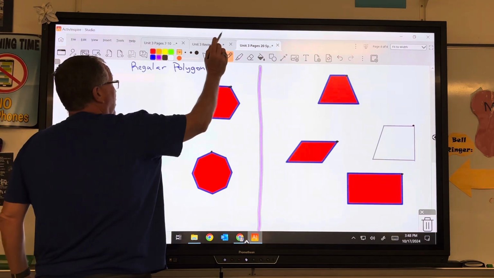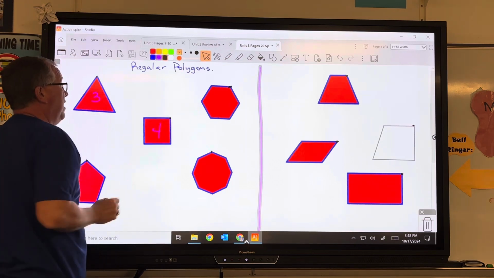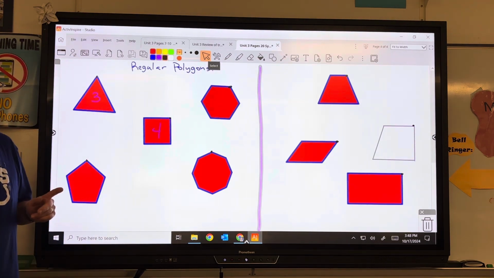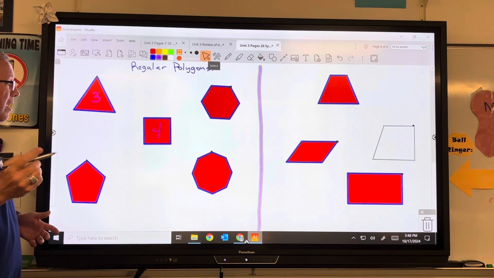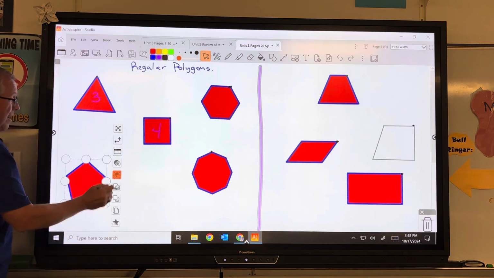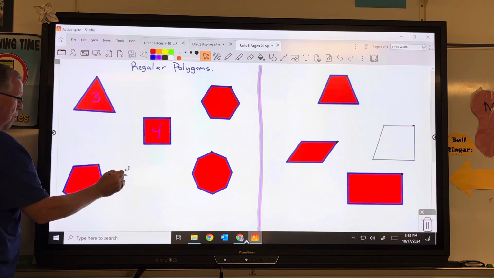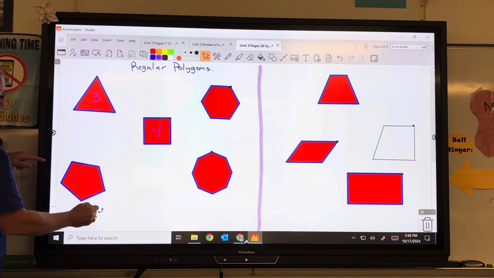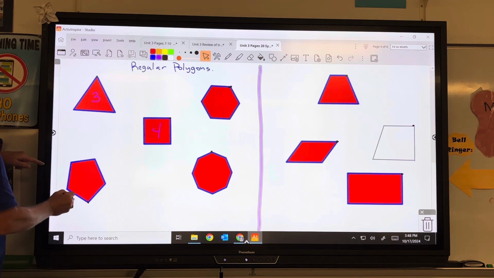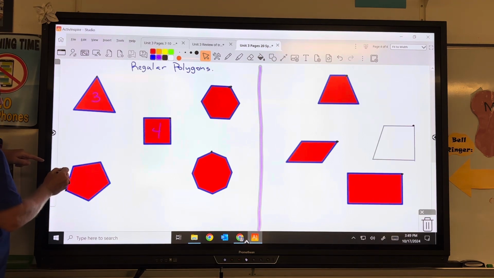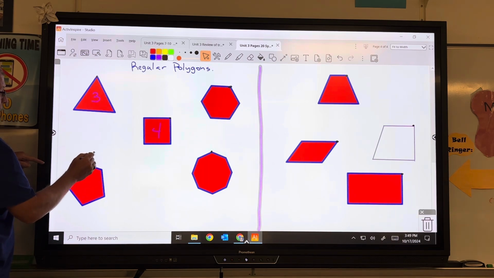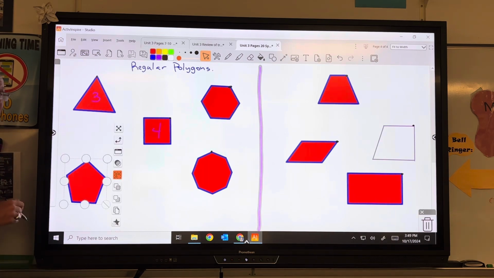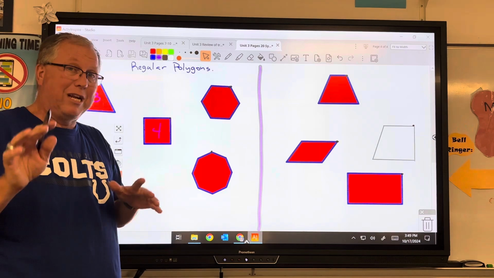Regular polygons are a little bit different, you guys. So ready? My pentagon, think for a second, how many times do you think it's gonna happen? You're probably right, so let's look at it. We're gonna go 1, there's 2, there's 3, there's 4, and there's 5. Now, I don't have a perfect pentagon, I apologize, but you guys get the idea.